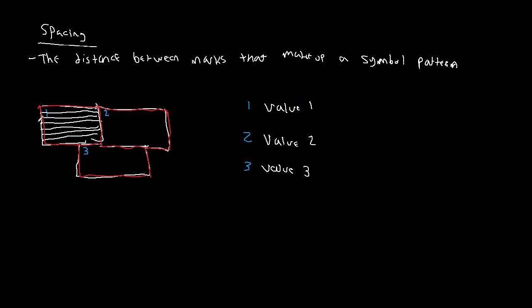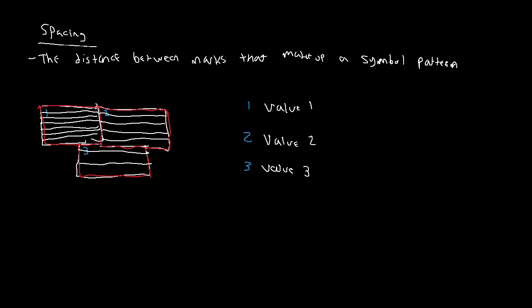So with spacing, what we're saying is we're going to change the distance between the marks that make up the symbol pattern. In this case, the symbol pattern is going to be horizontal lines. So in 1, you can see that they're this far apart. To differentiate 2, what I can do is intentionally make them farther apart. 1 is closer together than 2, and then 3, we can make even farther apart.